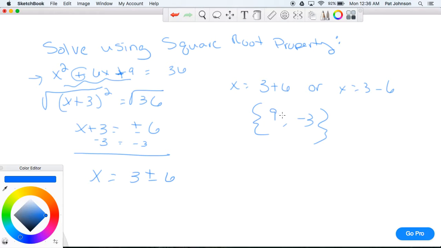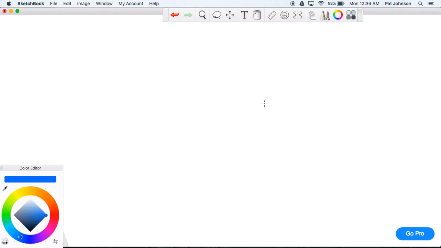Remember, roots that are irrational numbers may be written in exact or radical form, or as approximate answers in decimal form when we use a calculator. For instance, if we looked at example 2 on page 257, we're not going to solve it, we're just going to look at the solutions. The solutions are x equals 5 plus 3 square root of 3, or 5 minus 3 square root of 3.